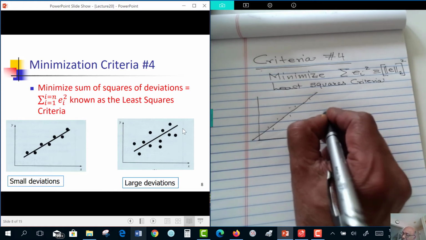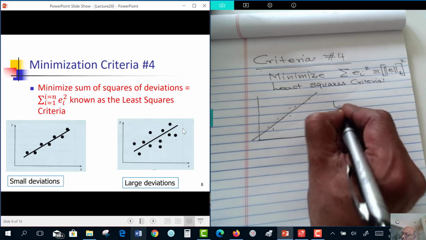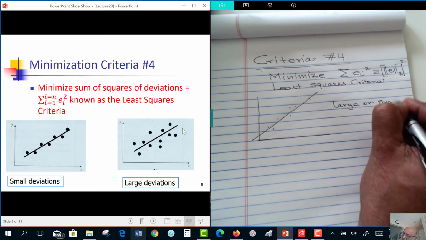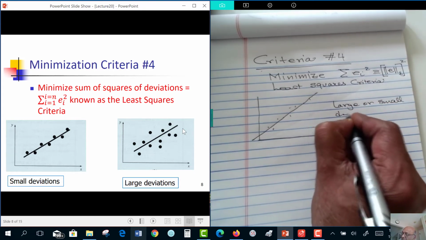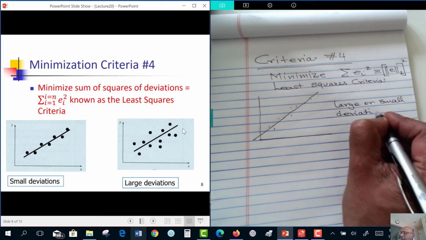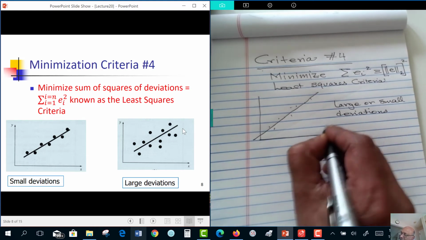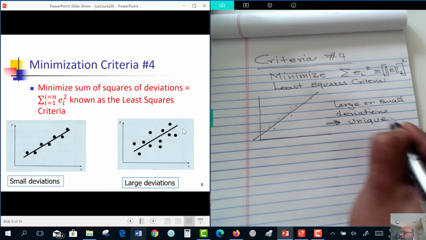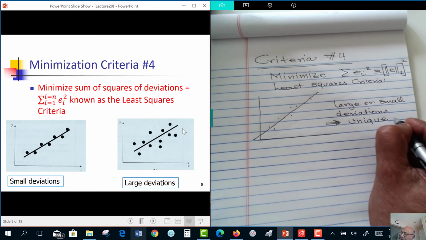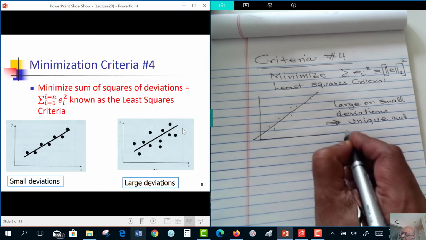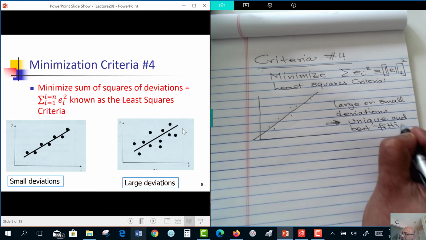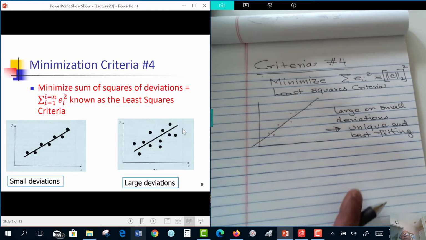So it doesn't matter if the deviations are large or small. This criteria provides unique and to us best fitting straight line, best fitting for our sense of deviations.